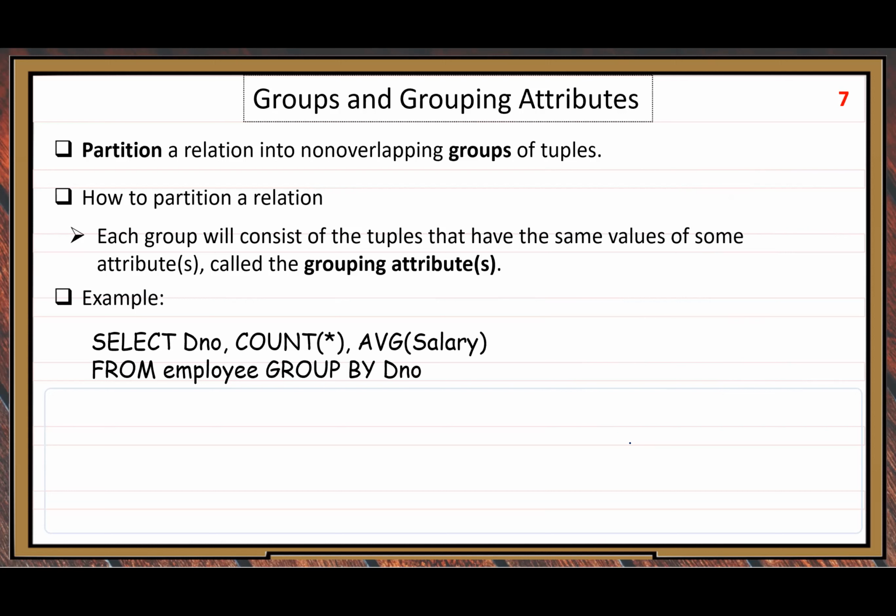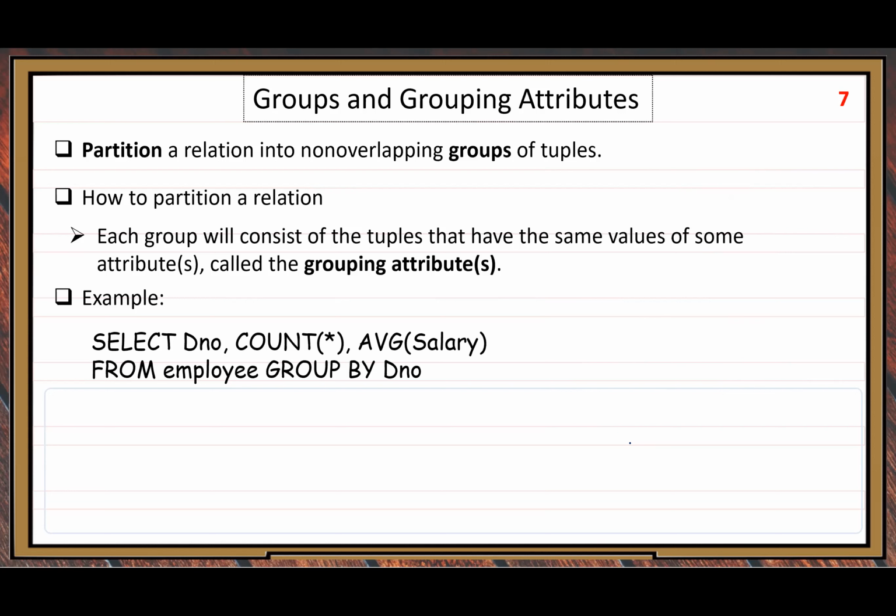The second aggregate function calculates the average salary for each subgroup. How to define subgroups? From employee group by department number.